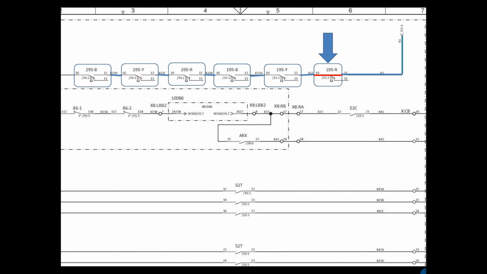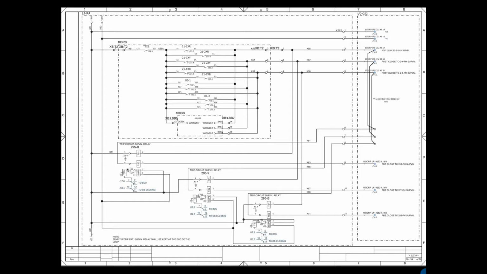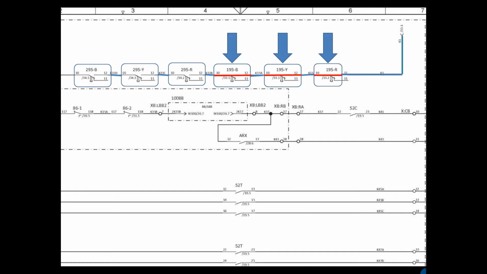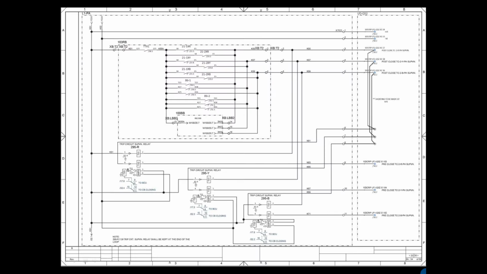And beyond this, there is another normally open contact. This is 295R, 295Y, 295B. This is also normally open, and the page number mentioned is 34.2, 34.3, 34.5. When we go to this page and locate this column, this is a dry contact which is coming to the CB closed circuit.